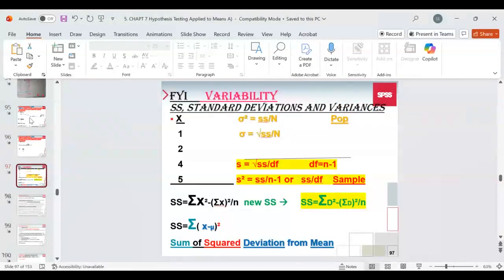All of these are there from the past: how to calculate the standard deviation, variance, and SS. But now, as you can see, the one highlighted in yellow and the words in green, that's the new way to calculate the SS. That's the definition: sum of D squared minus the square of the sum of D divided by N.